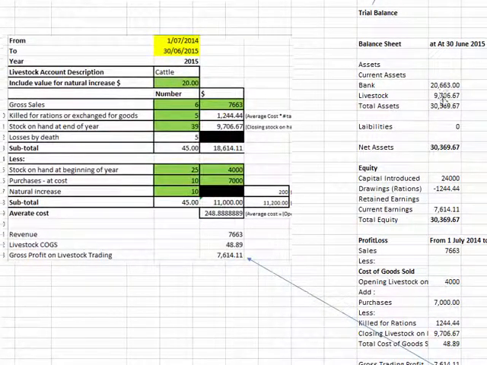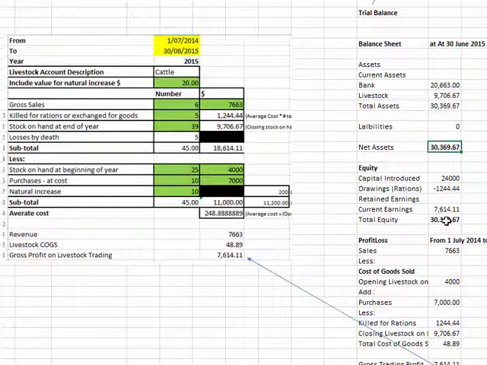And of course that's the check, right? That's an important checkpoint. Closing livestock value on hand in our current assets at 30 June must equal our calculator value for us to know that we're doing everything right. Total assets, easy. No liabilities, net assets, easy.